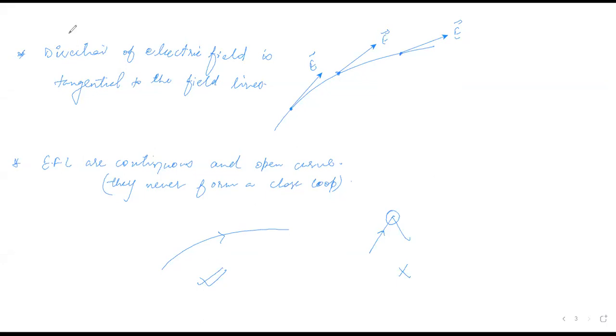All of you have noted it? Yes, sir. Okay. The next point is, suppose you have two field lines like this. This is one field line and this is another. This looks like a repulsive nature.